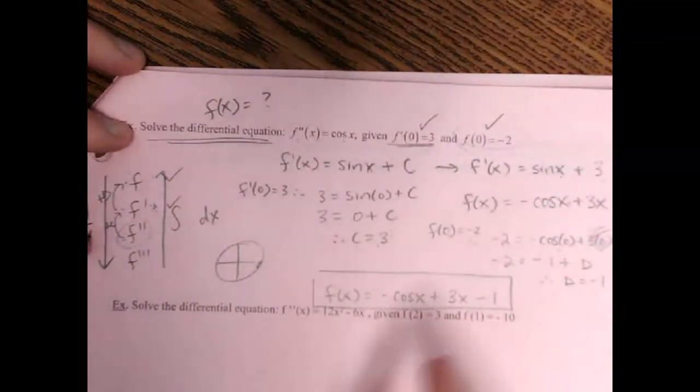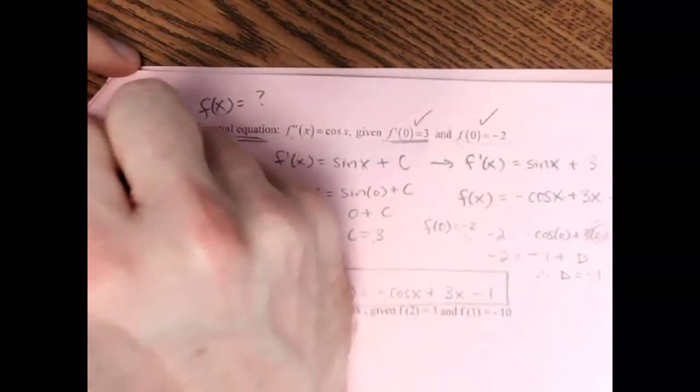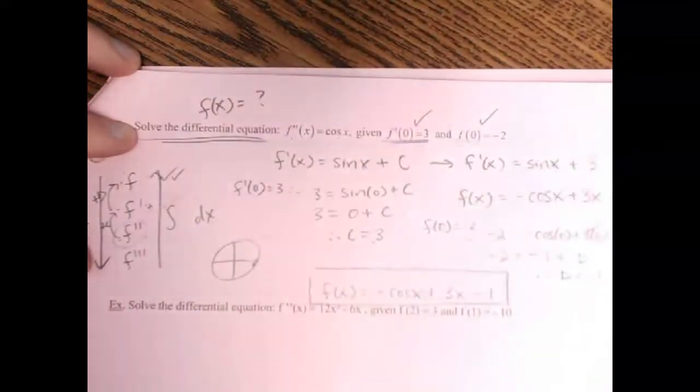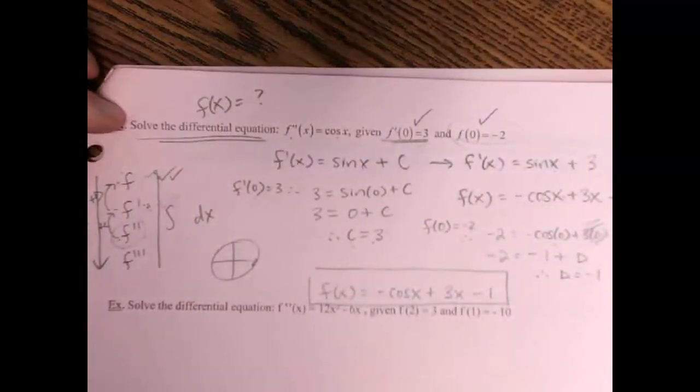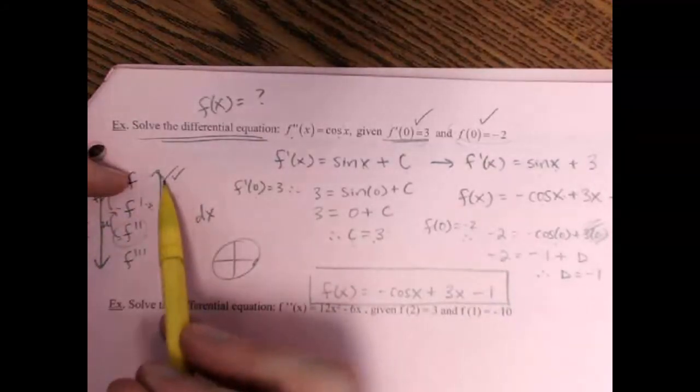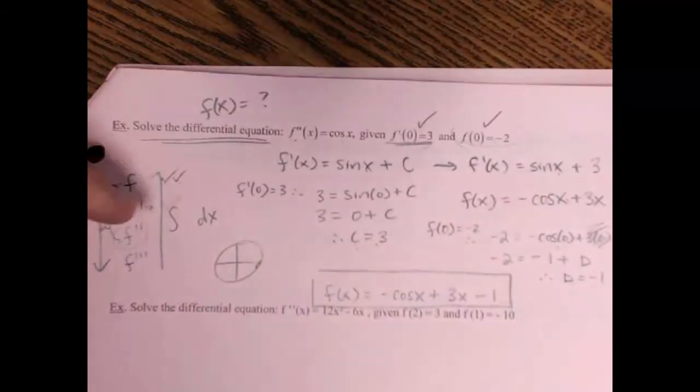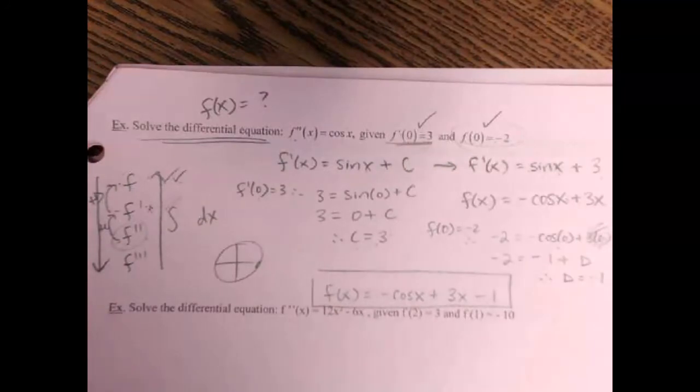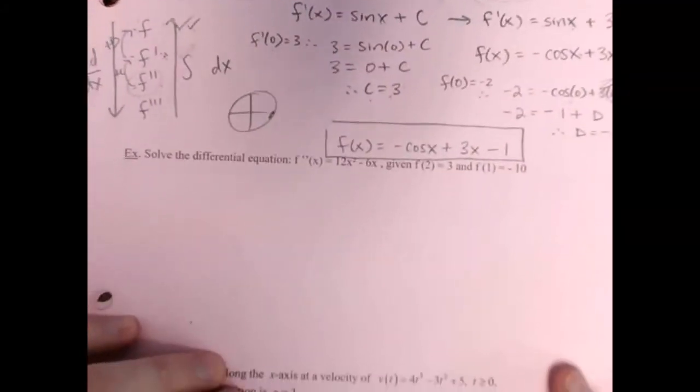But here, for this second example, both of the pieces of information are up at the f level. So you're going to have to integrate all the way up to the f level and then use both of those conditions once you're at that level. If you don't have anything at f prime, you can't solve for the c value right away. So these questions are a little bit annoying. It's just going to end up being extra algebra at the end. But let's go for it.